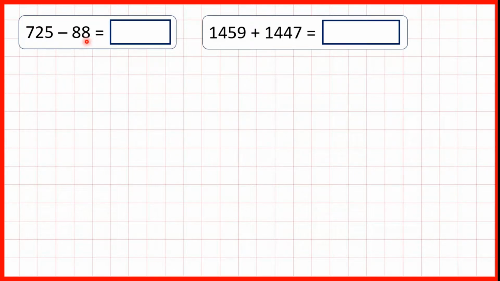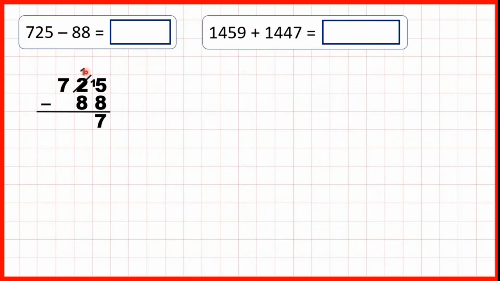725 minus 88. We can set this out as a column subtraction. We've got our digits lined up on the right-hand side, so we've got our ones, tens and hundreds columns in the right place. Now, we can't do 5 minus 8, so we go to the left, one less, one in front, and 15 minus 8 is 7.